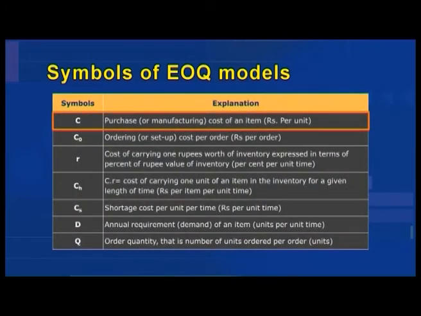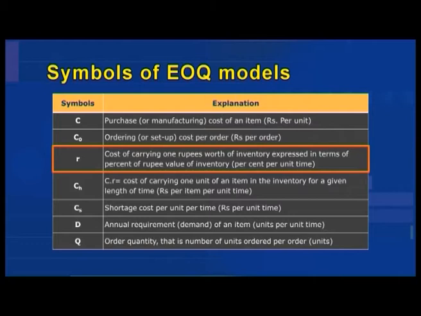List of symbols used for the development of various inventory models discussed in this table, and the brackets indicate the unit of measurement of each of them. C denotes purchase or manufacturing cost of an item, rupees per unit. C naught denotes ordering or setup cost per order, rupees per order.